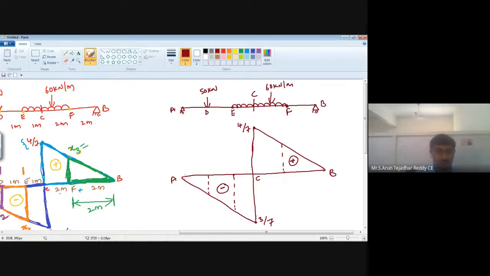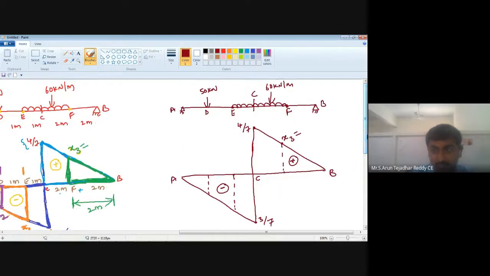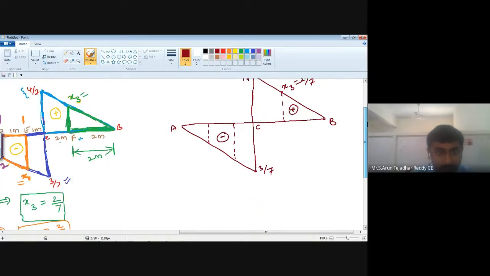Negative. Now, just now we calculated the x3 value here. What is the value of x3? 2 by 7. Okay. Now here at this point, we calculated the x1 value and the x2 value.